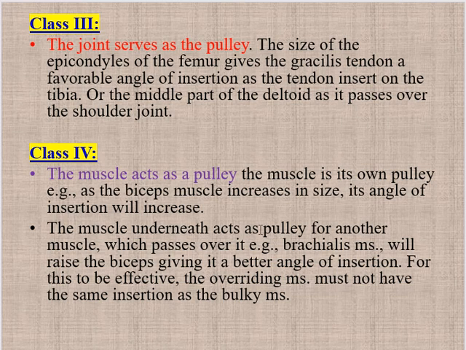When we do muscle strengthening exercise, the brachialis muscle acts as a pulley and will raise the biceps so that it increases the angle of insertion of the biceps. For this to be effective, the overriding muscle must not have the same insertion as the bulky muscle.